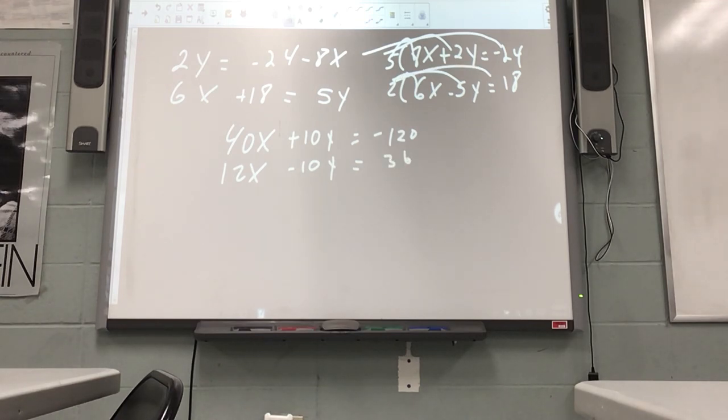My y's are different signs, so that means I add. 52x is equal to negative 84. If it was like 40x and then 12x, we would subtract them. Like before, the letter you're getting rid of, if it's got the same signs, you subtract. If it's got different signs, you add.